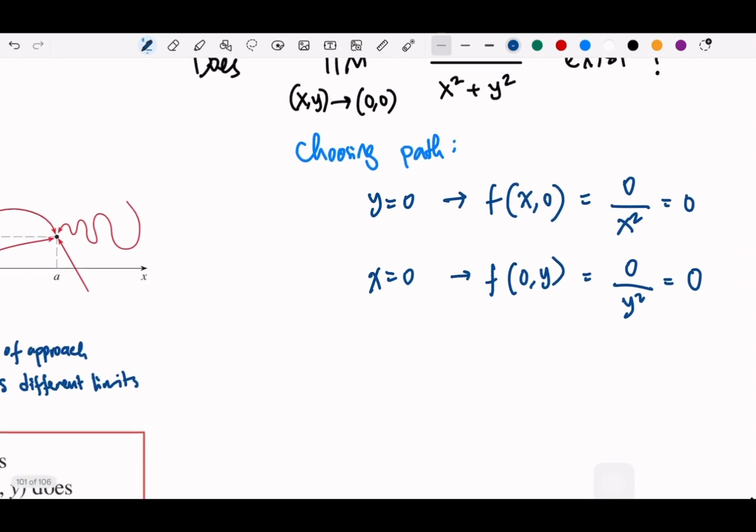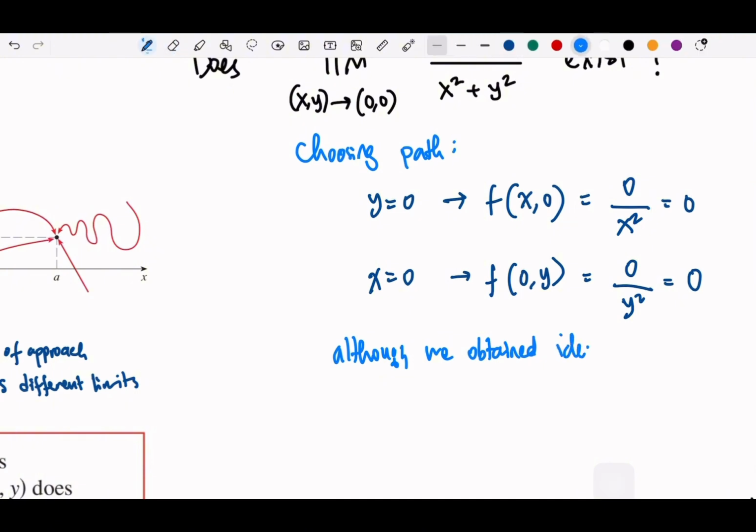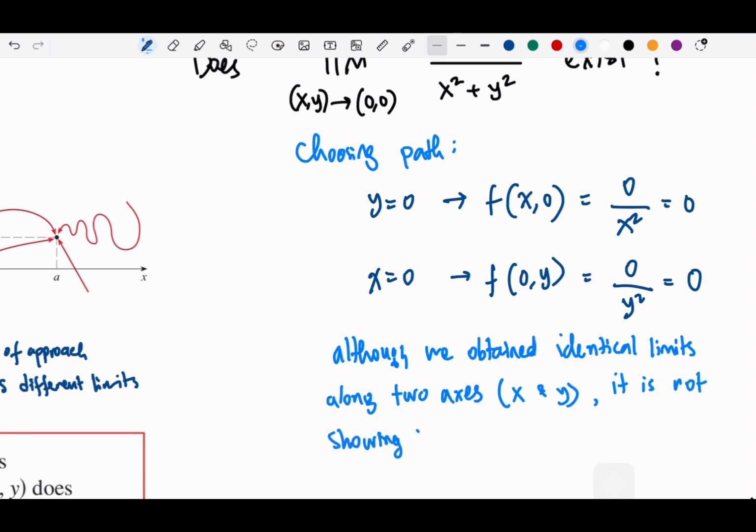So let me write here: although we obtained identical limits along the two axes, x and y, it does not show that the limit is 0.